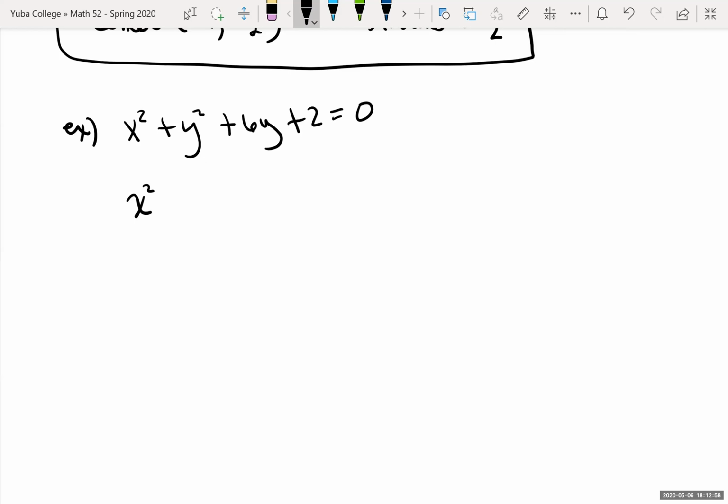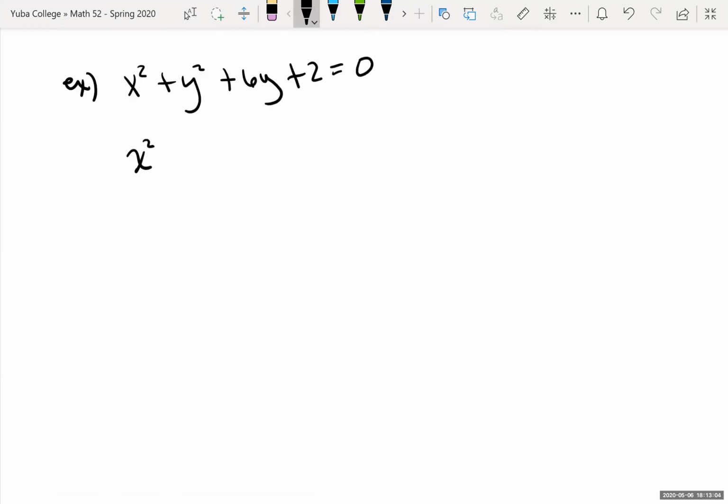So that's technically a perfect square. So we really don't have to add anything here. For the y terms, we have y squared plus 6y. We're going to have to add something here to make that a perfect square. This is equal to, get the constant on the other side, let's subtract 2.